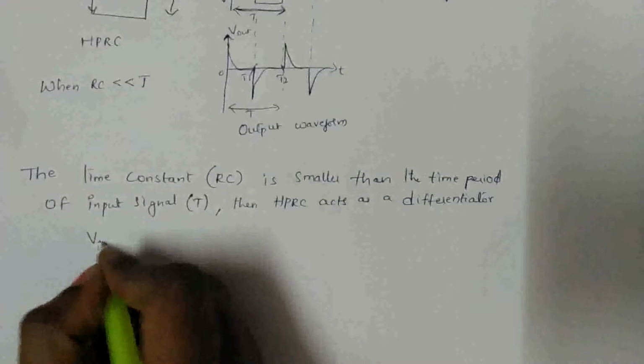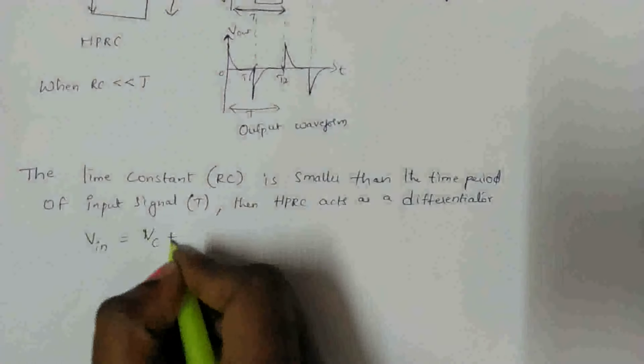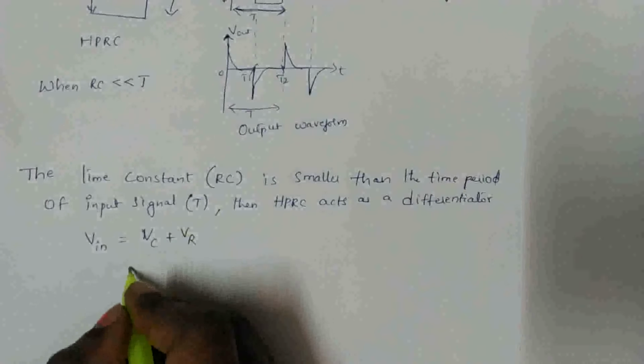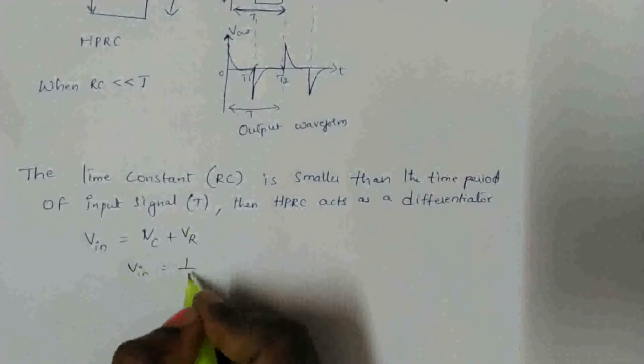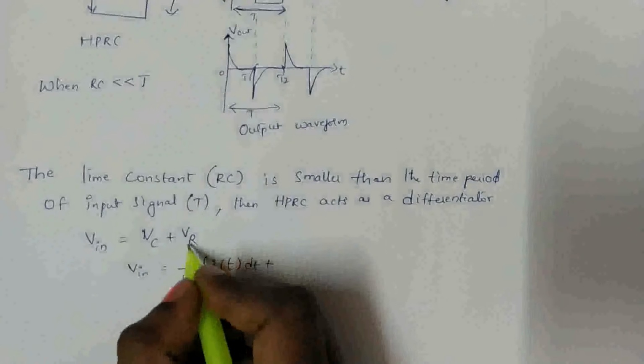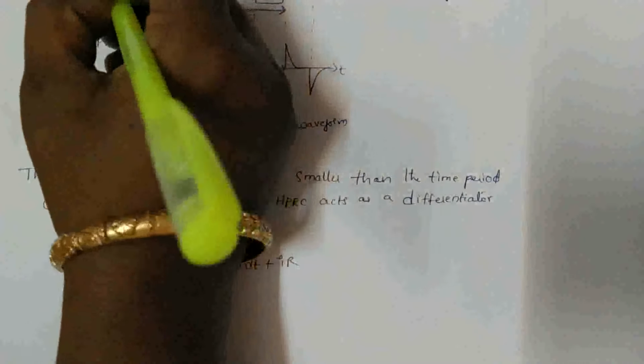V input equals the voltage across the capacitor plus the voltage across the resistor, where the voltage across the capacitor is 1/C integral of i(t) dt, plus the voltage across the resistor is I into R when the current I flows.